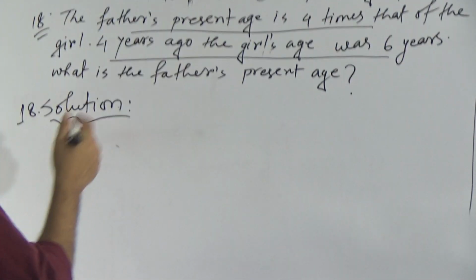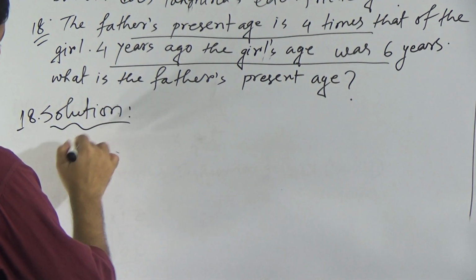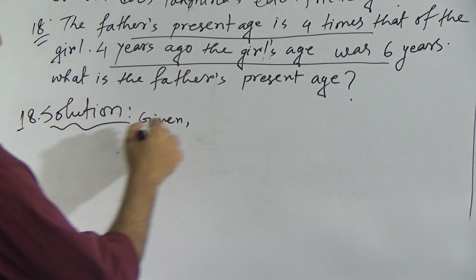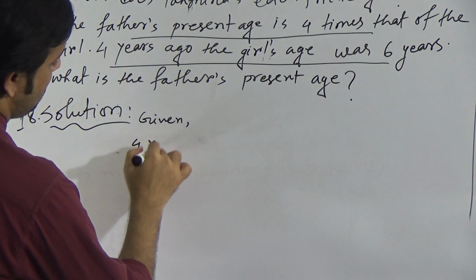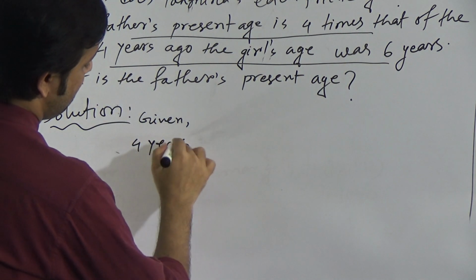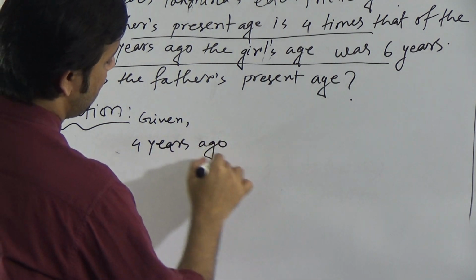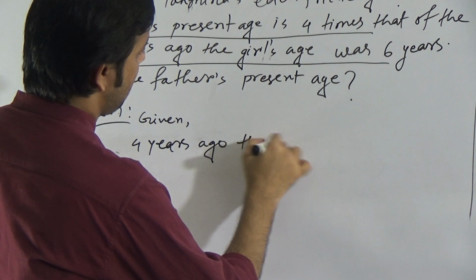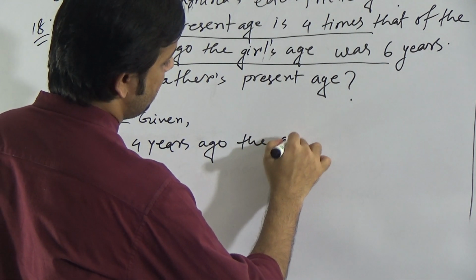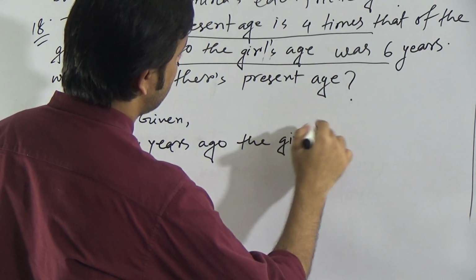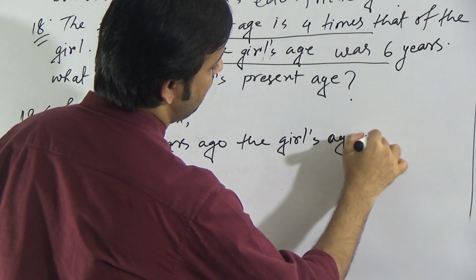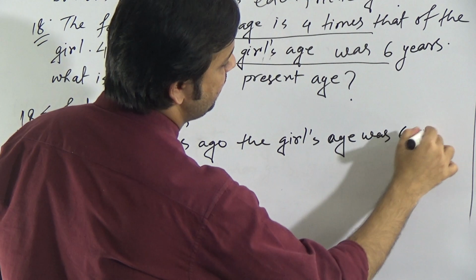Okay, dear students, now start. Given, 4 years ago the girl's age was 6 years.